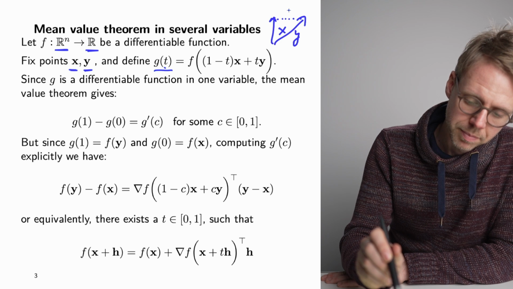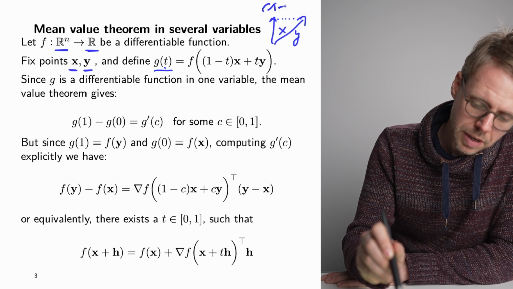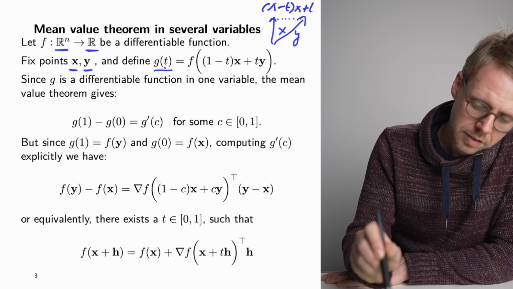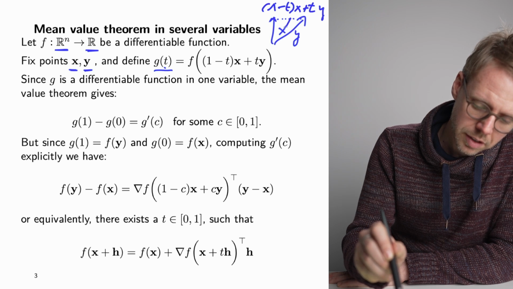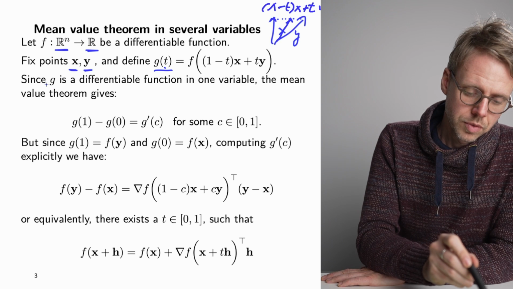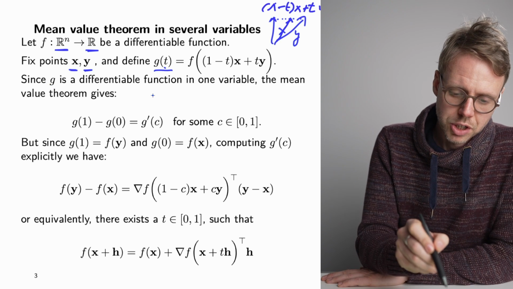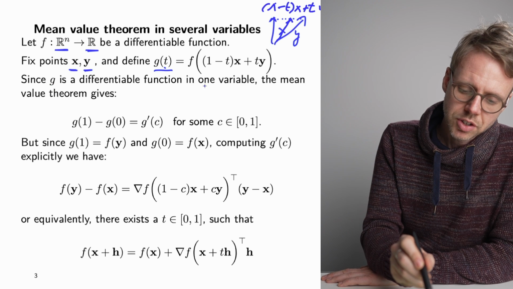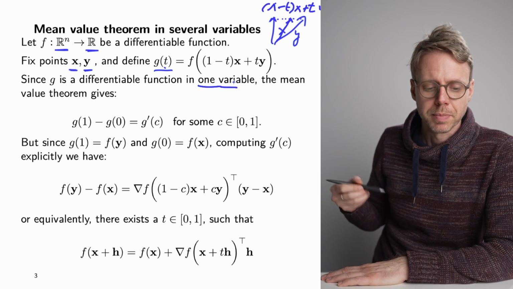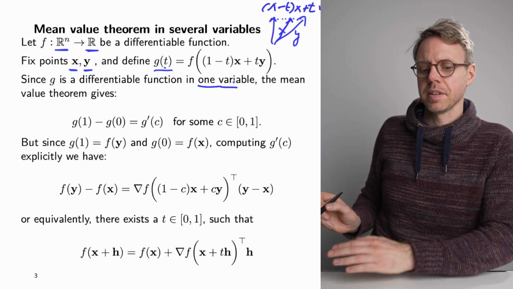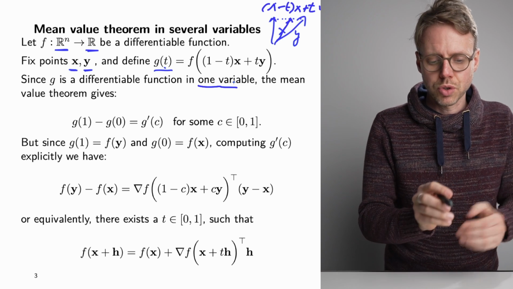So here we have some (1 minus t) x plus t y in between. g obviously is also a differentiable function, but it's a function that only takes a single variable, which means that we can apply the standard mean value theorem to g.